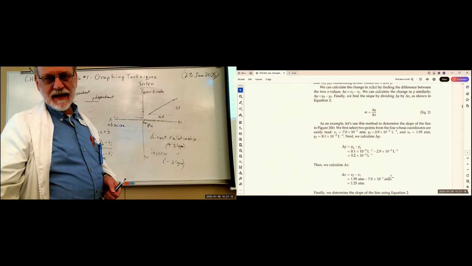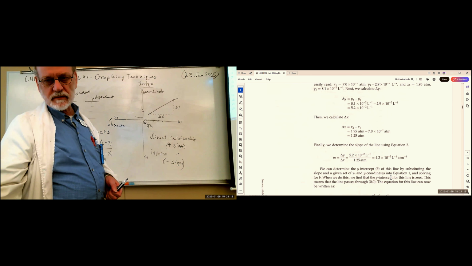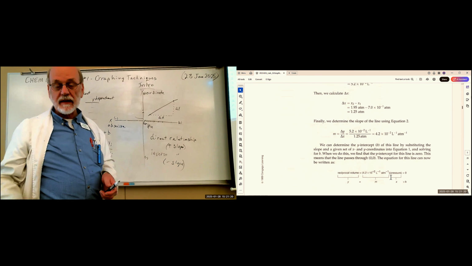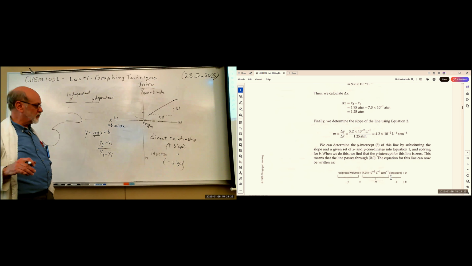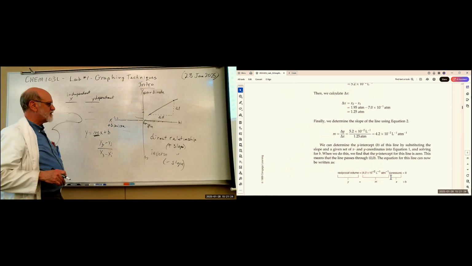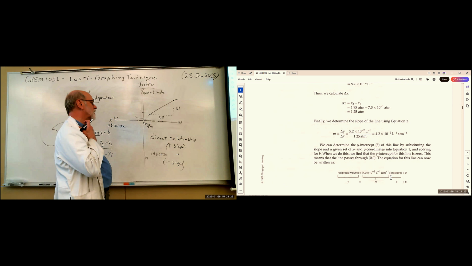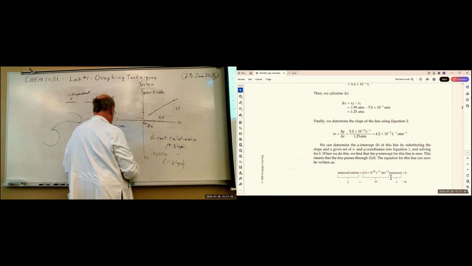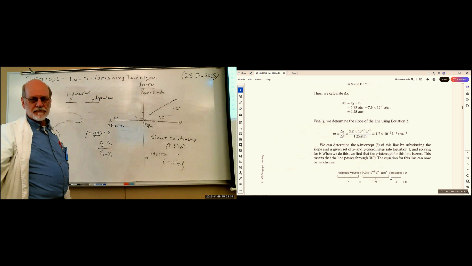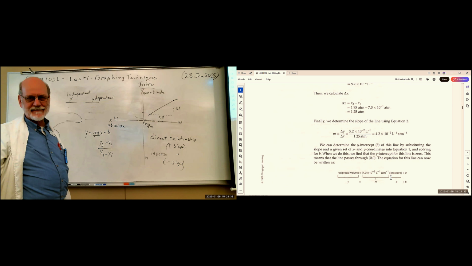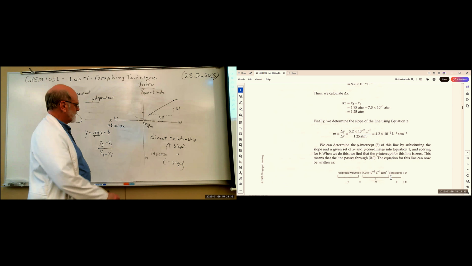Okay. There's a couple of examples. And equally as important is, what are the values? What are the units of measure for the x and the y? Let's go back.